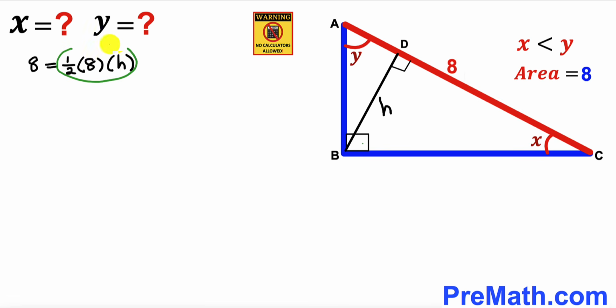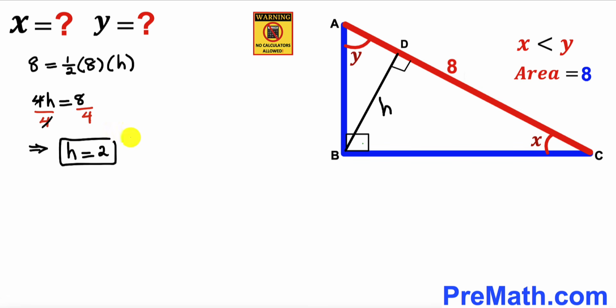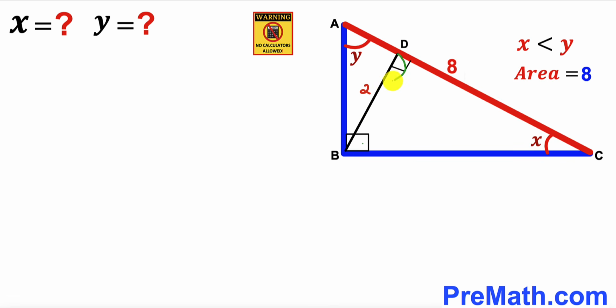This part gives us simply 4 times h. Now I'm going to divide both sides by 4 to isolate h, and 4 and 4 are gone. So our height h turns out to be 2 units. In other words, this perpendicular BD length is 2 units.